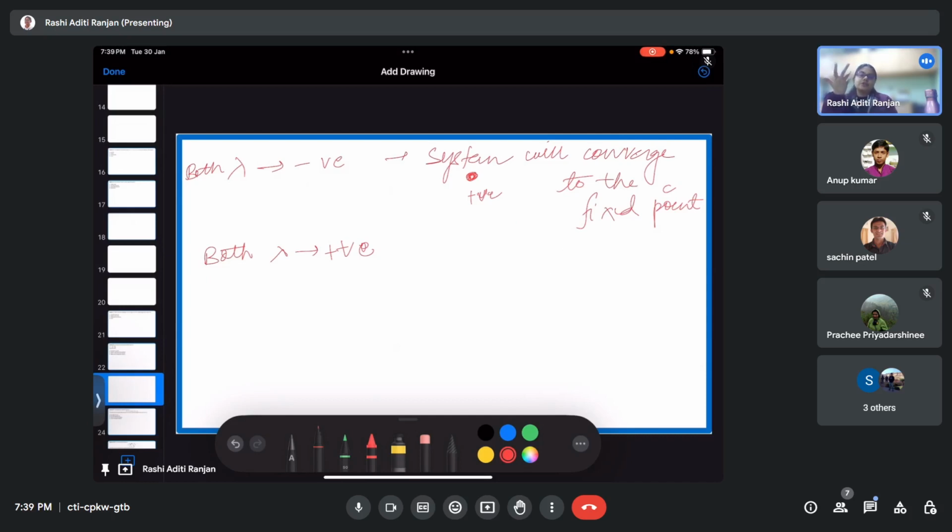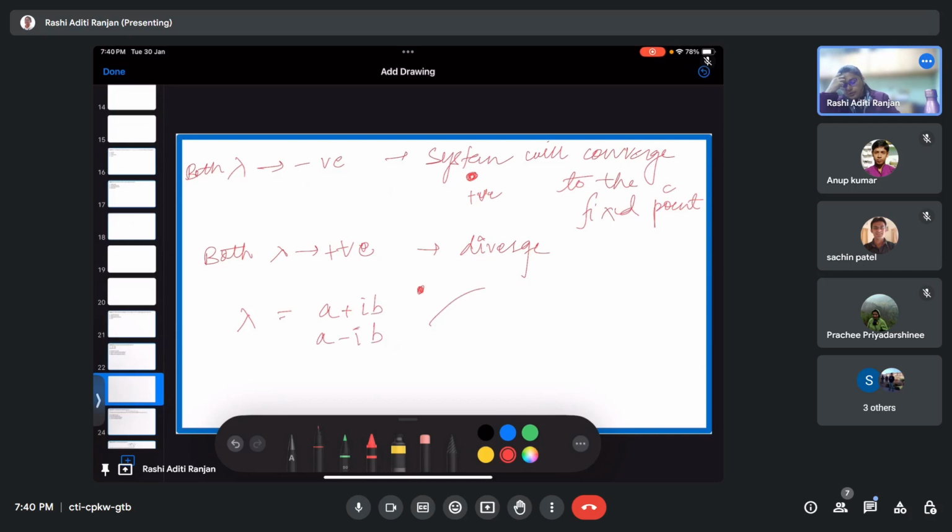The system is going to diverge. Simple. If it is at a positive value, it will go on going to that positive value. It will diverge. But what if the lambda is of the form A plus iB and A minus iB?